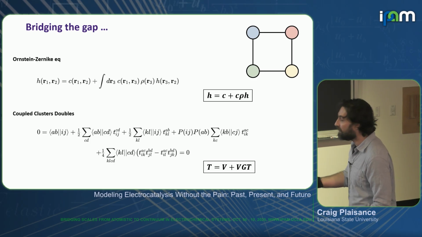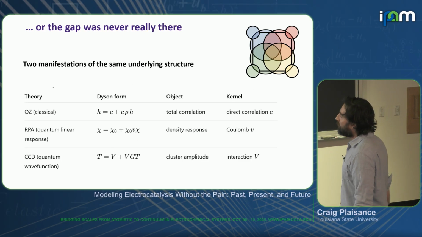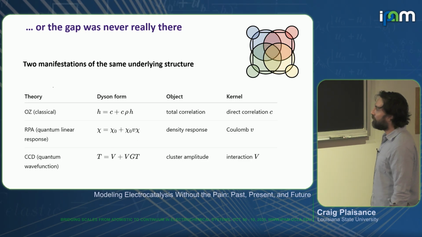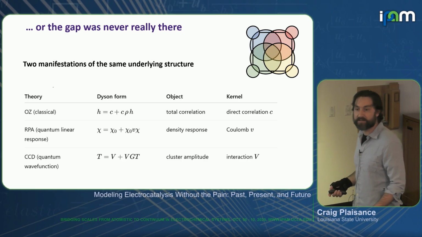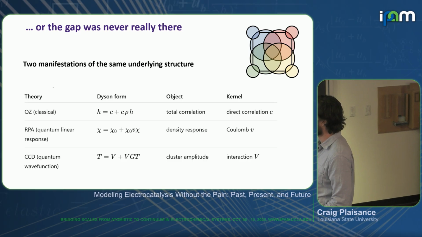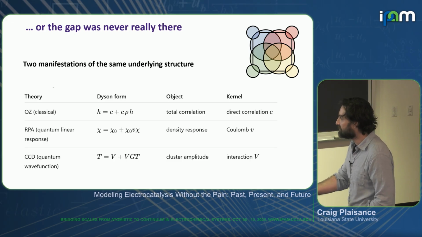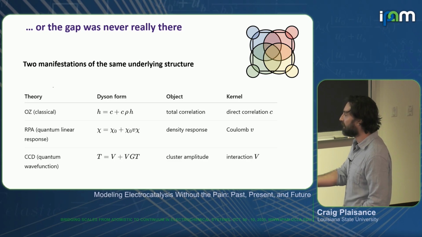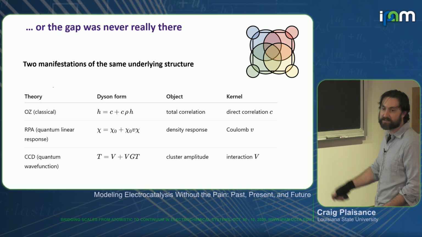And then rho and G play the role of a propagator. And maybe that suggests that this gap between quantum and statistical mechanics really was never there to begin with. They're two manifestations of the same underlying structure. We have the Ornstein-Zernike equation, CCD, and then RPA also has this form. It lies right in the middle. And all of these have the exact same math.